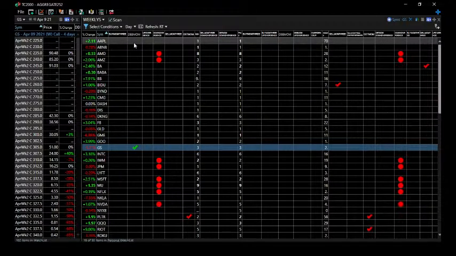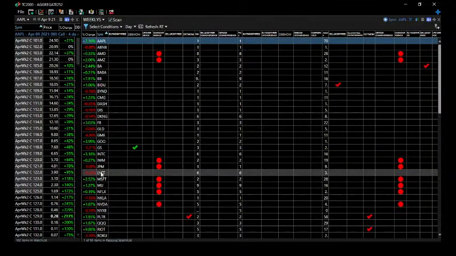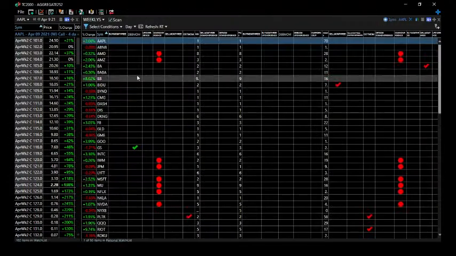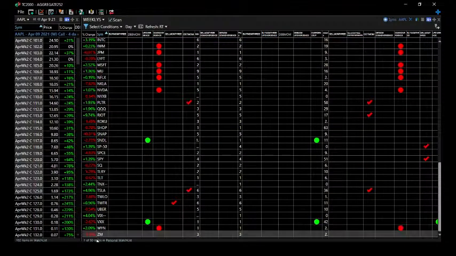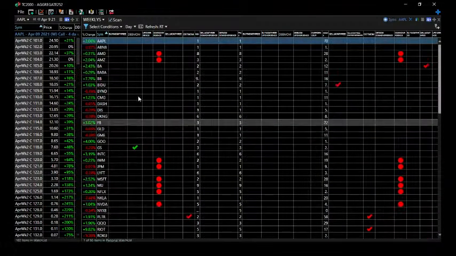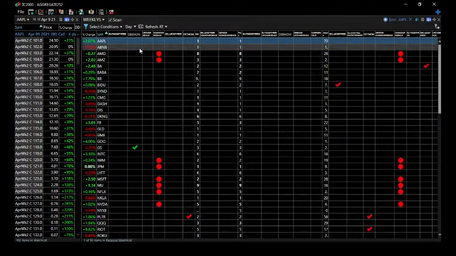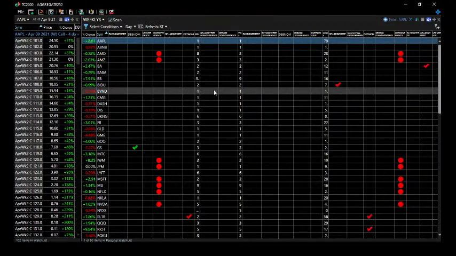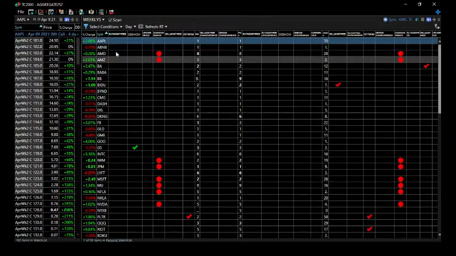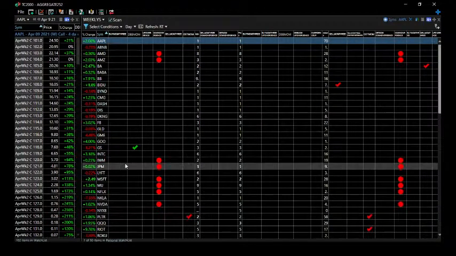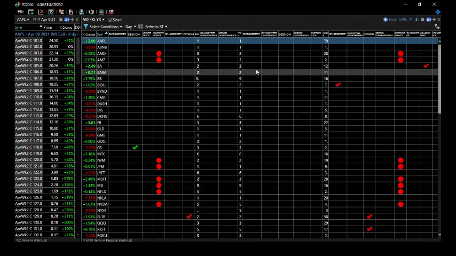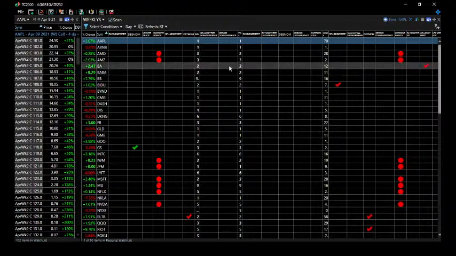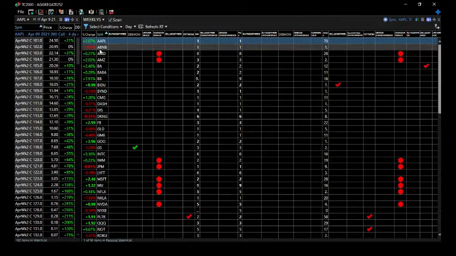Alright, what I'm doing now is I'm going through my watch list of stocks. You see here I have 50 stocks. And this is my scans, scanning these 50 stocks, looking for potential indications of buy or sell signals.